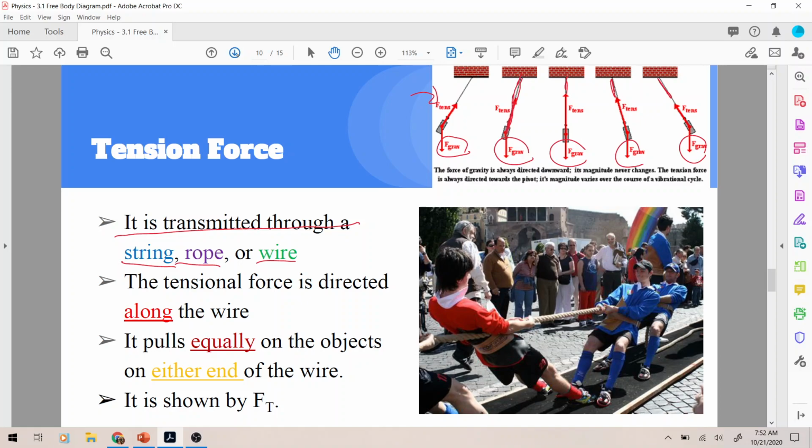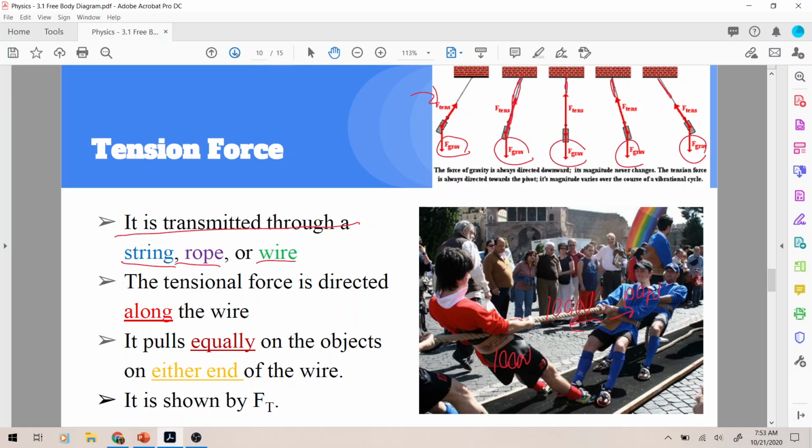And on the same string, you're going to have the same force. For example, for this guy, let's say they are pulling this with 100 newtons and then they are pulling it with 100 newtons. What is the tension on the string? It is 100 newtons, because they are trying to pull with 100 newtons and the tension is keeping it from moving.